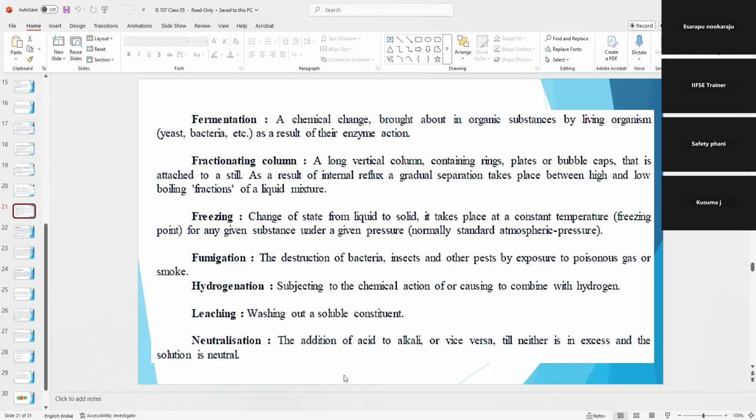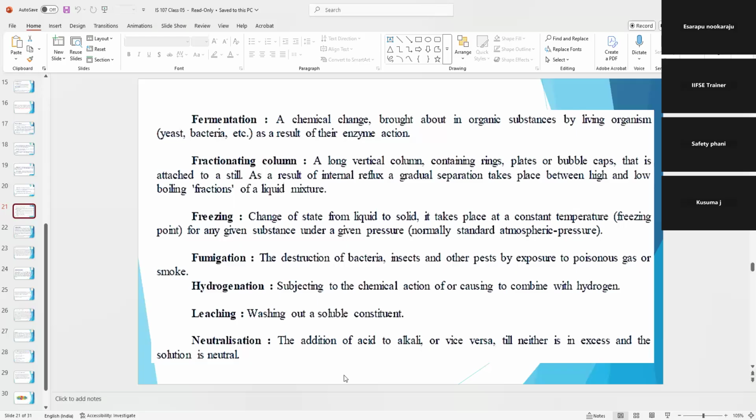Then hydrogenation, subjecting to a chemical action of causing to combine with hydrogen. Then leaching, washing out of soluble constituents. So basically, this is washing off whatever soluble impurities to take out.